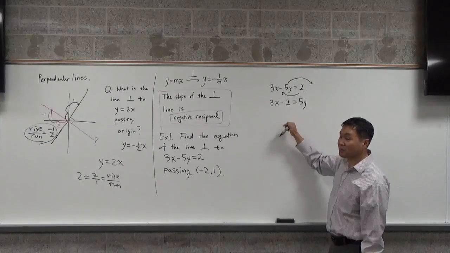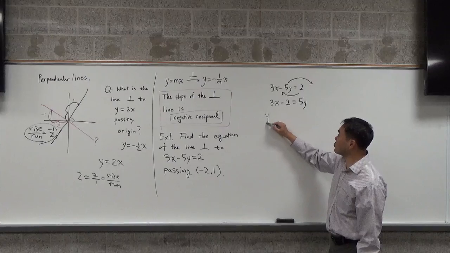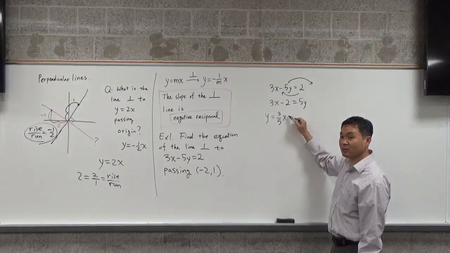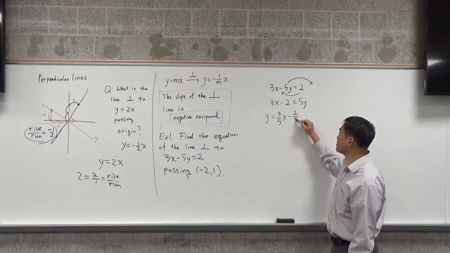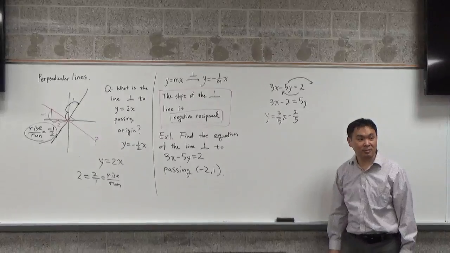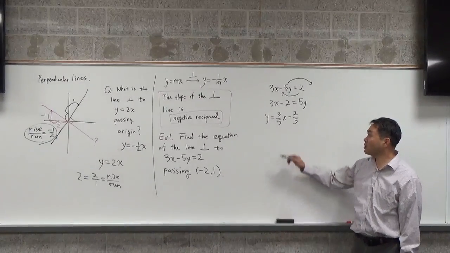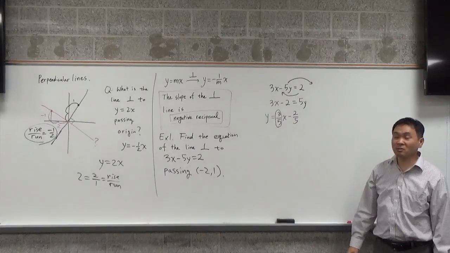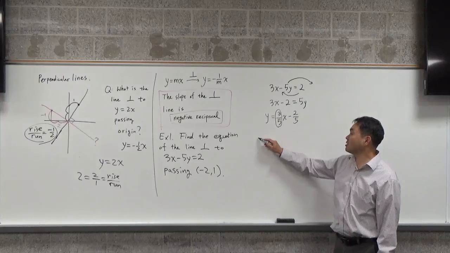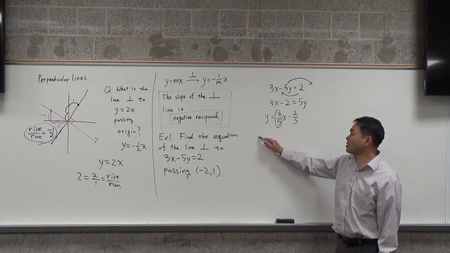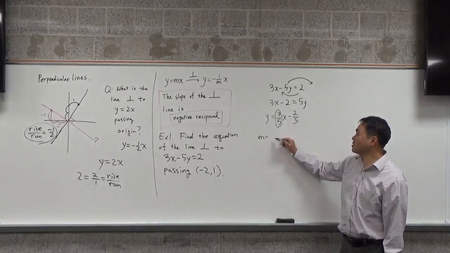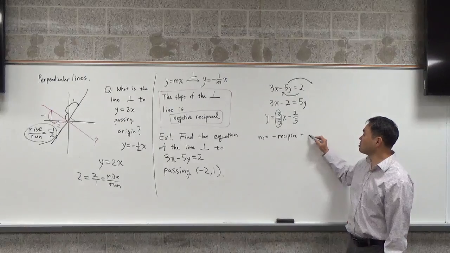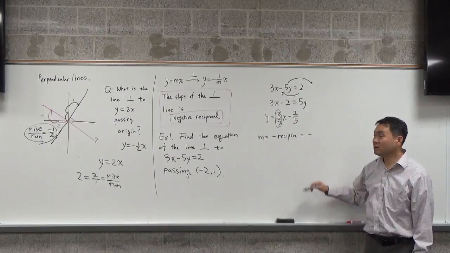And now you simply divide each term by 5, so what do you get? y equals 3 over 5 x minus 2 over 5. So what's the slope? 3 over 5. But that's not the slope we want. What do we want? The negative reciprocal. So m is the negative reciprocal, so it's going to be negative 5 over 3.